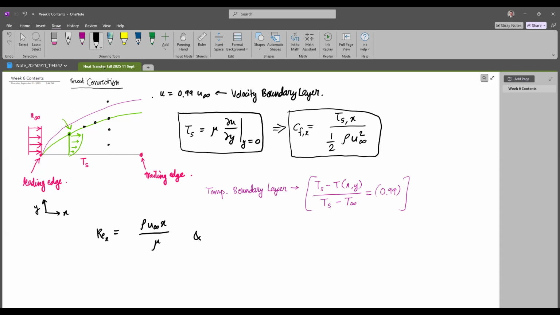And there is a critical Reynolds number above which the flow becomes turbulent, and below the critical Reynolds number, the flow is laminar. Now there is a transition region as well, but for the flat plate we just consider that it is a single point. So for a flat plate, the critical Reynolds number is 5 times 10 to the power 5.